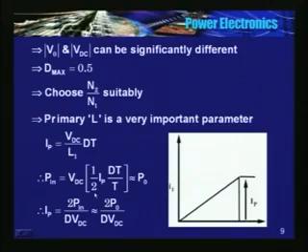Now, if I neglect the losses, this is equal to the output power. So, if I know the output power and if I know the input voltage, I can calculate the peak value of current IP.